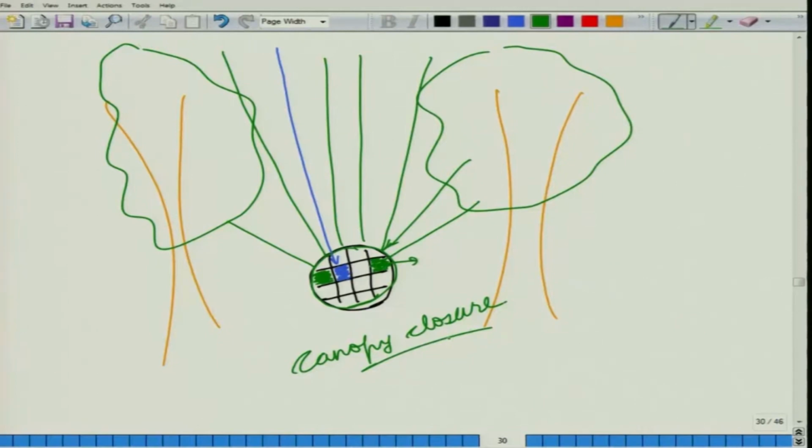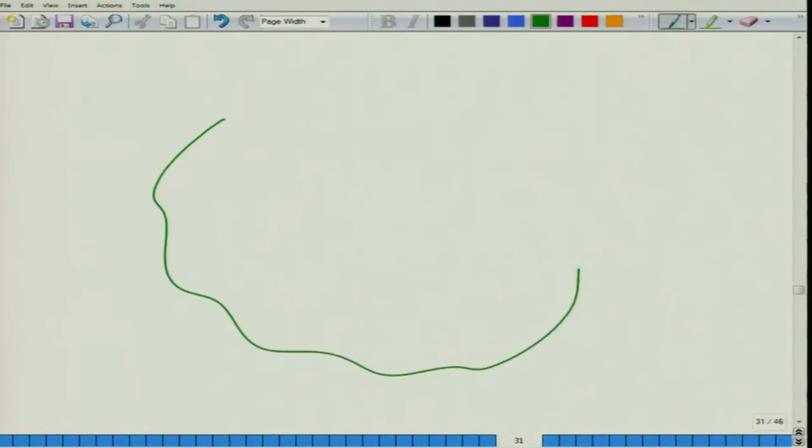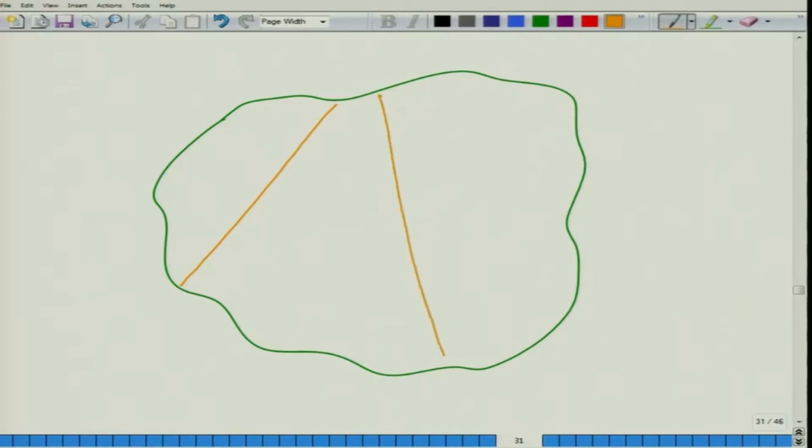Now, looking at the procedure on the slides, we take measurements along several transects. What do we mean by a transect? Suppose this is your forest area and you need to take an average reading for the canopy closure. You will define a few lines. These could be in a regular fashion or you could draw these randomly, and you would say that at every 200 meters you are going to take a reading.